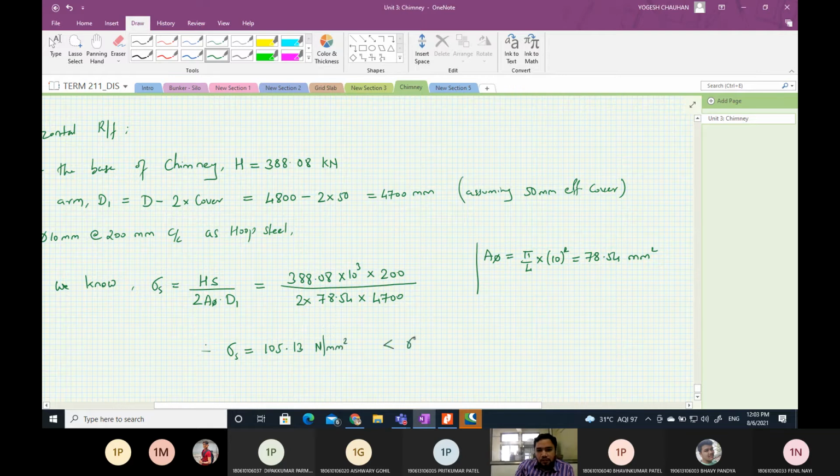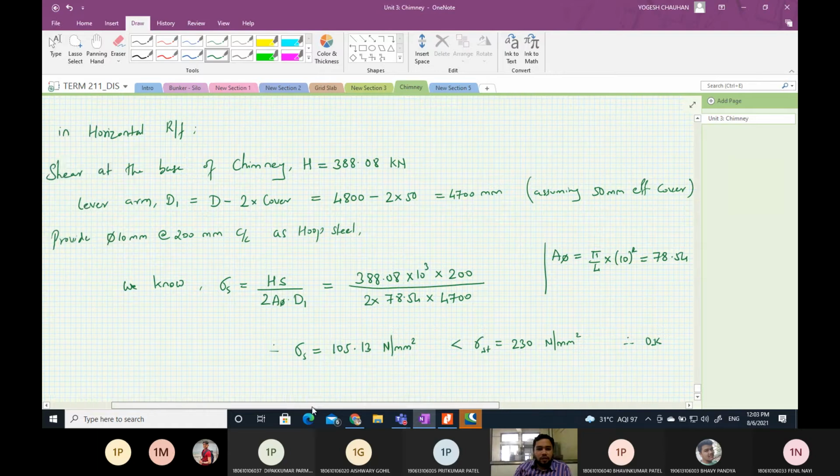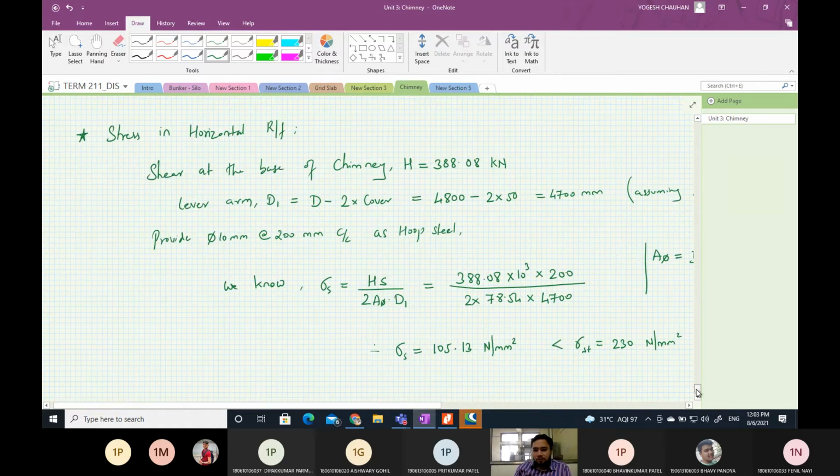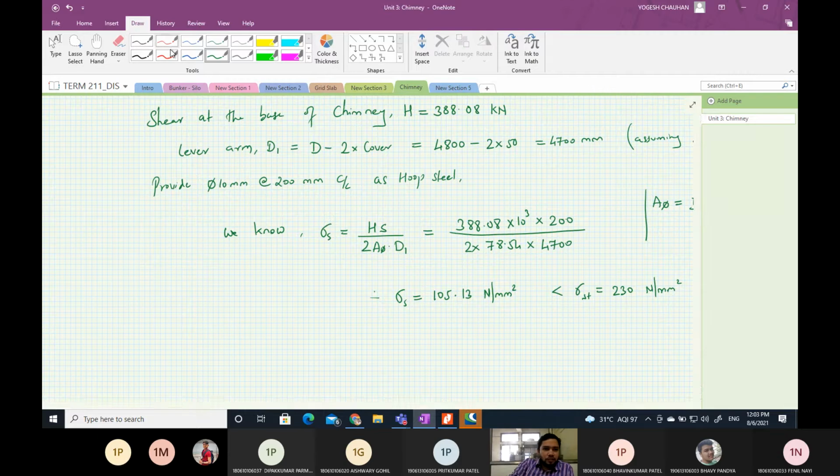Again, this value is less than the permissible stress in steel, that is sigma st, which is equal to 230 Newton per mm square. So okay, the stresses in both vertical steel as well as the horizontal steel are okay, as well as the stresses in concrete are also within permissible limit. So now we'll check for the combined effects.